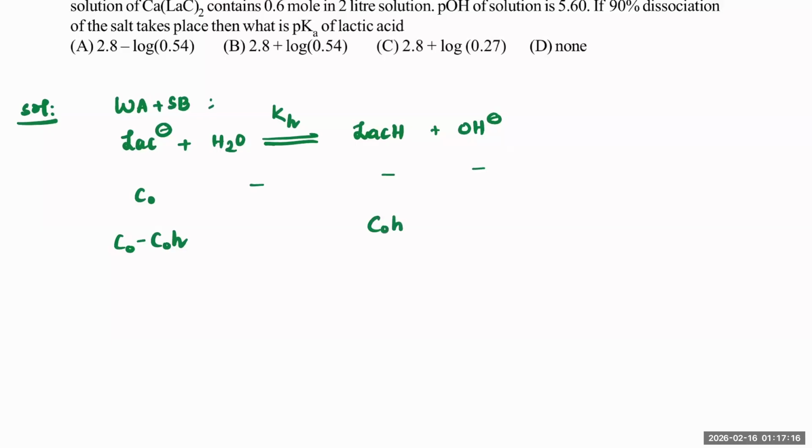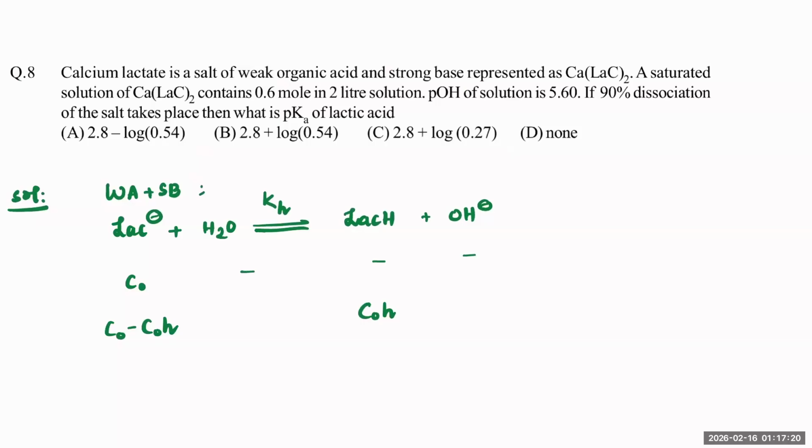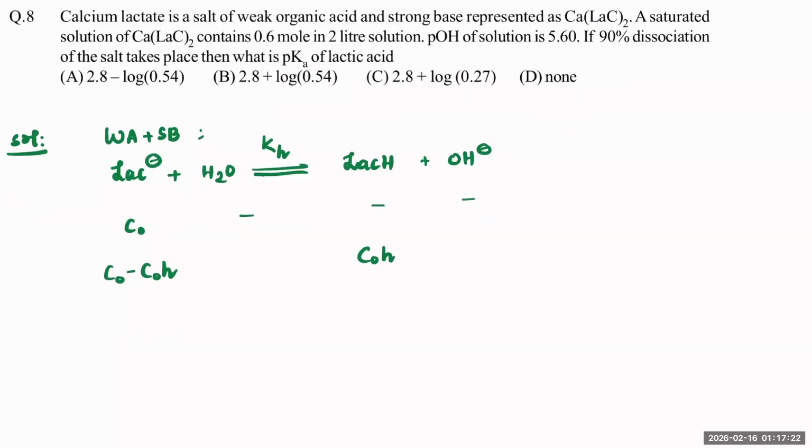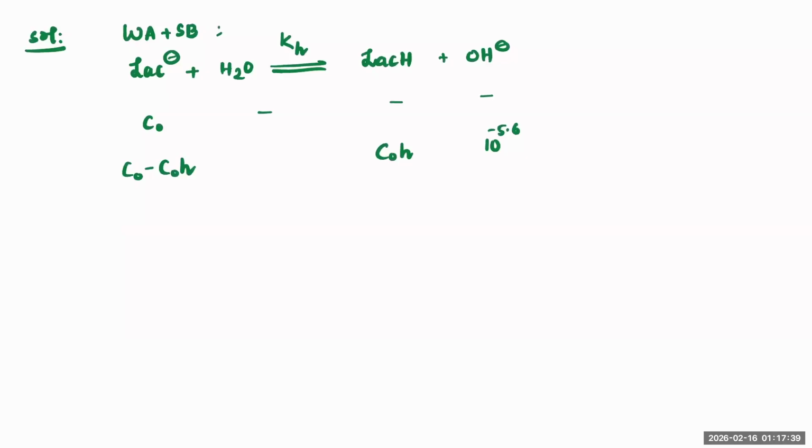The OH minus will be C naught h, but the pOH is already given, so I can simply write this as 10 raised to power of minus 5.6. So that will be the OH minus concentration.